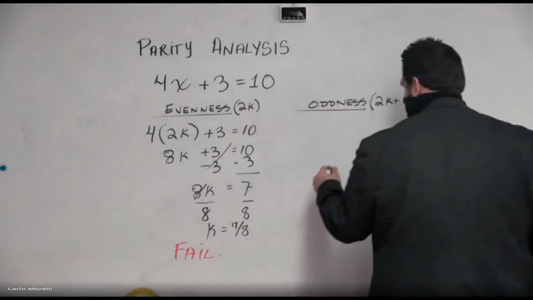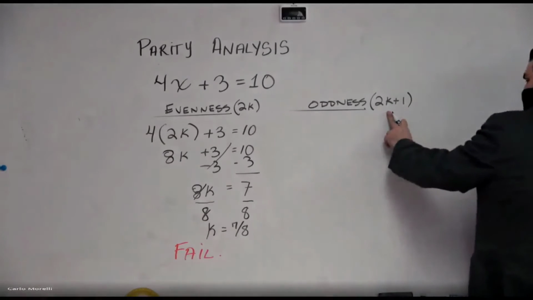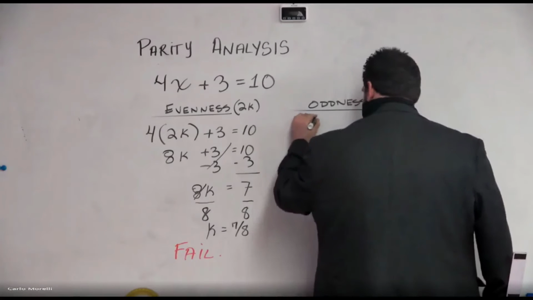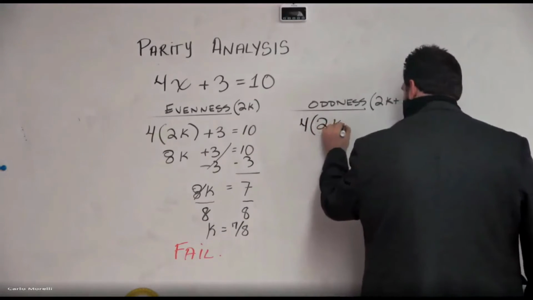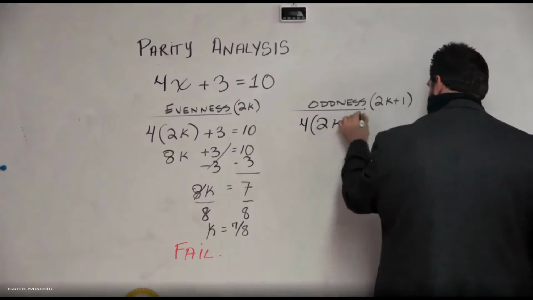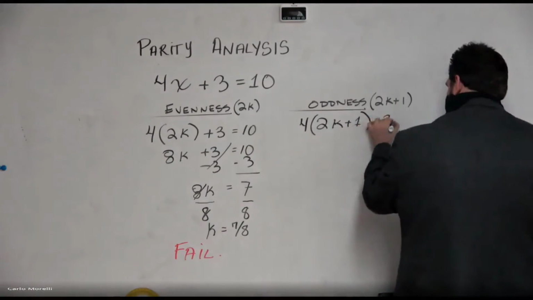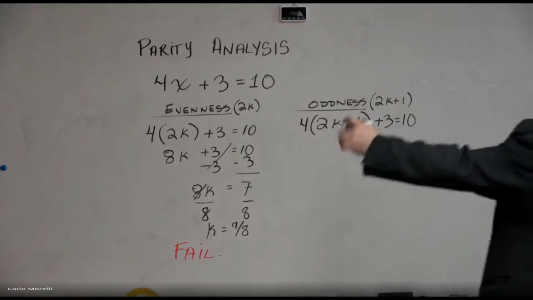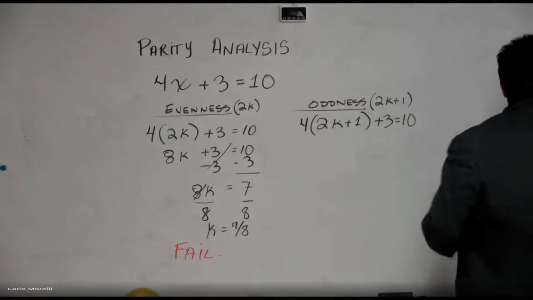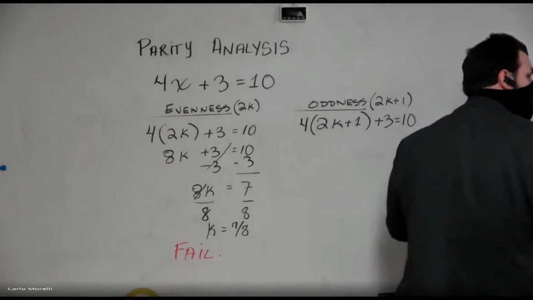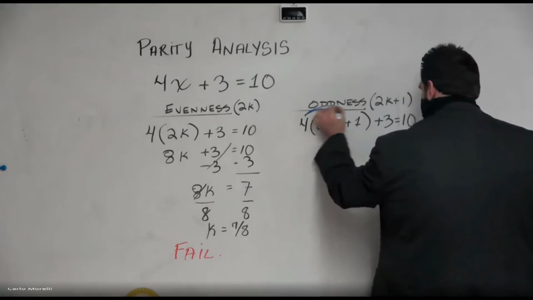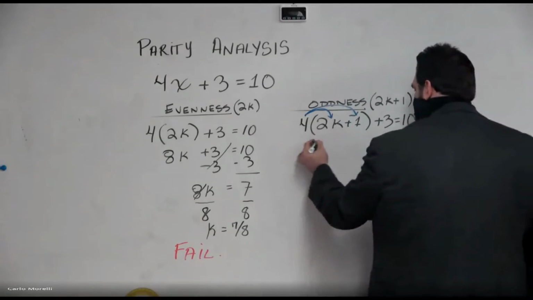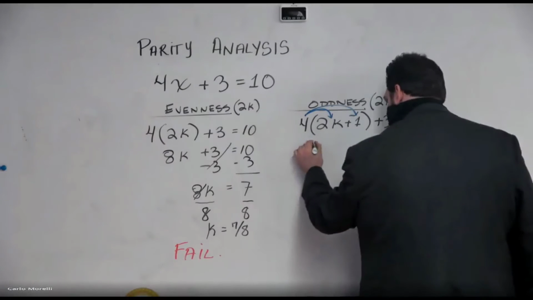So let's perform our oddness test. Remember, that just means we're going to substitute 2k plus 1 for x. So let's do that. 4 open parentheses, 2k plus 1, close parentheses, plus 3 equals 10. Okay, this time we have to use the distributive property, the distributive McRib, McRib. 4 times 2k, 8k.